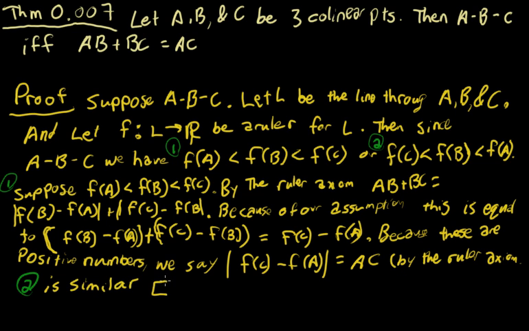And you don't ever want to say something similar unless it's really just the same exact thing with a few of the variables switched around, and it's obvious which variables would be switched around. So that's the end of proof 0.007. As long as we have 3 collinear points, the distance between the outside two is equal to the distance between each quote-unquote half of the distances.